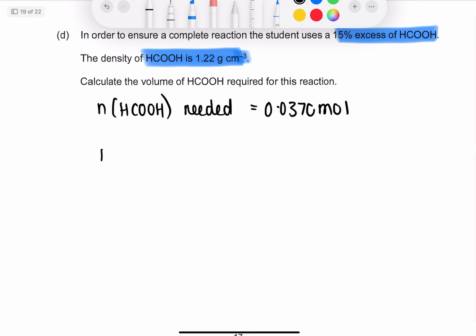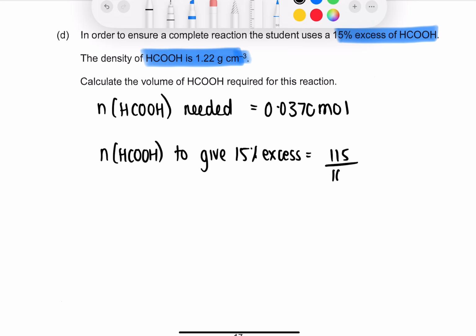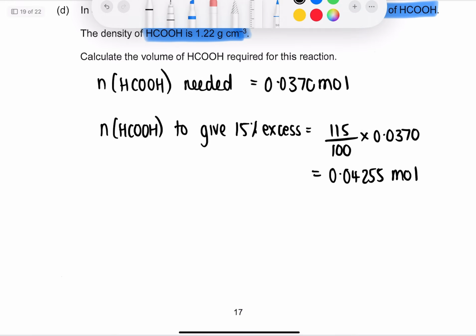So the number of moles of HCOOH to give 15% excess is not to work out 15%, we need to work out 115%. And that is coming out to be 0.04255 moles. And then we can convert that into a mass. Mass is Mr times moles.